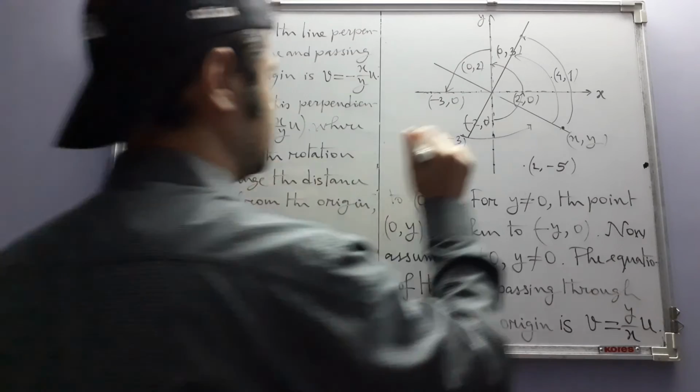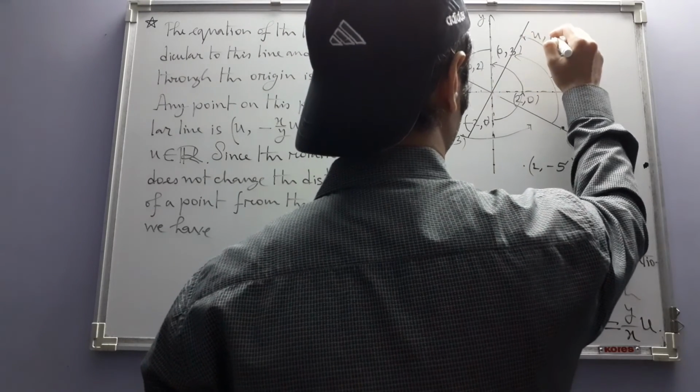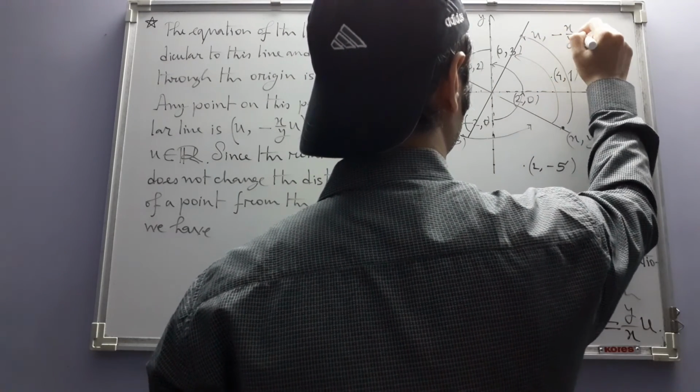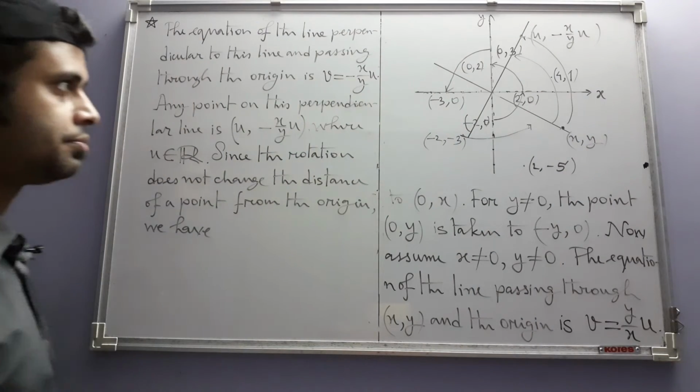Let me just write the coordinates here, u comma minus x divided by y u.